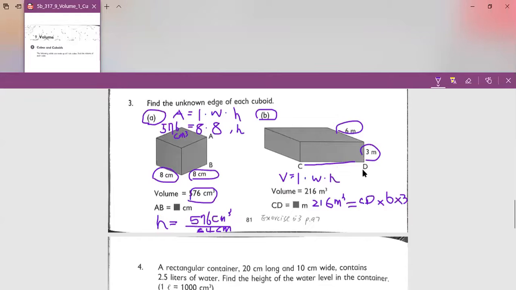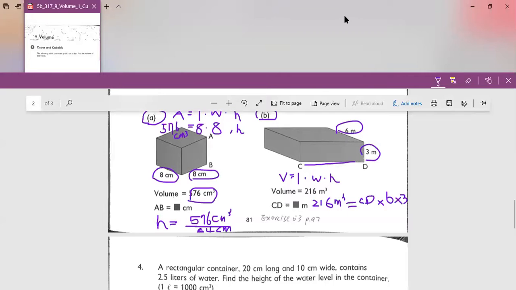All right, now we're going to do 216 meters square divided by 18. So I need everyone to give me the answer. Oh, someone already typed in your answer. Very good. With the unit, okay? Wait, what's the question again? Sorry, I missed it.